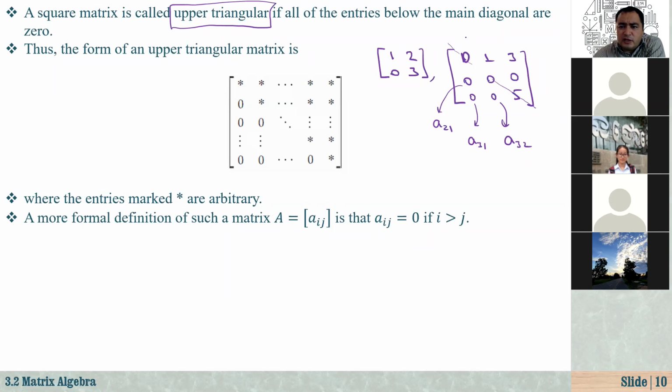In general, if you're talking about a matrix whose entries are A sub ij, the row index is greater than the column index in each case. So we can simply define this in this way. A more formal definition of such a matrix A, whose entries are Aij, is that Aij is equal to 0 if i is greater than j.